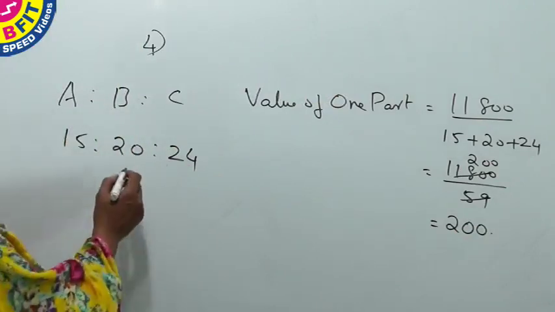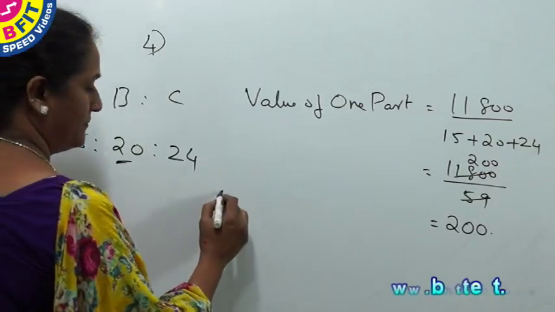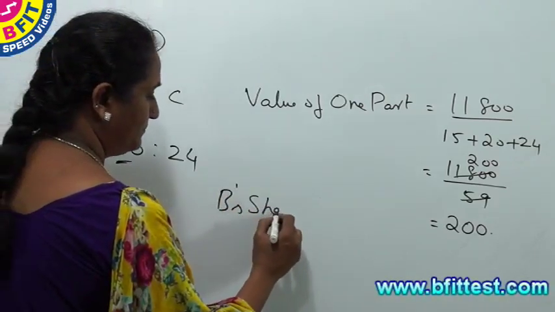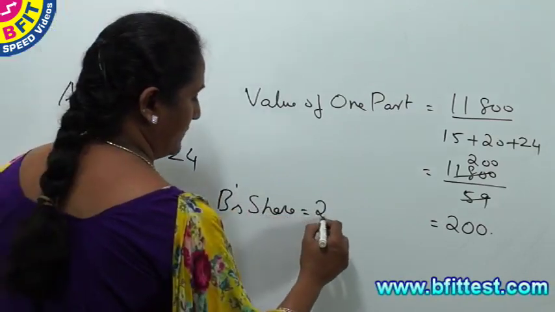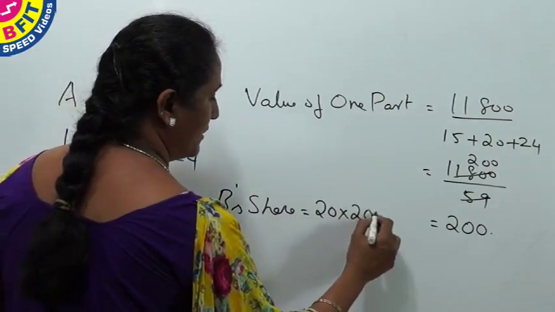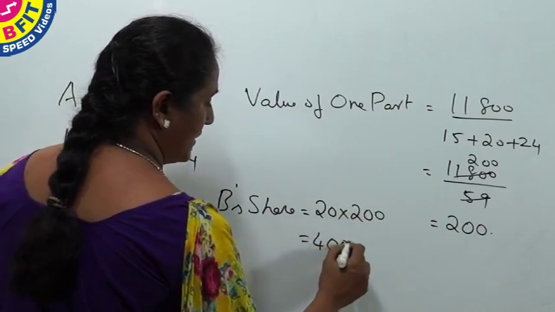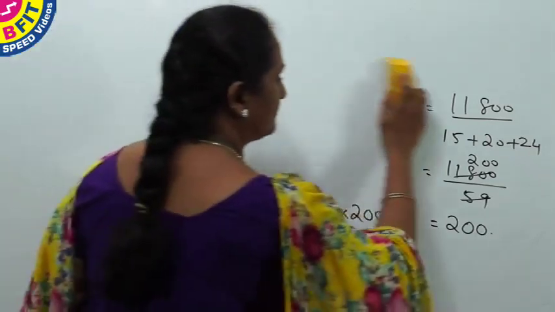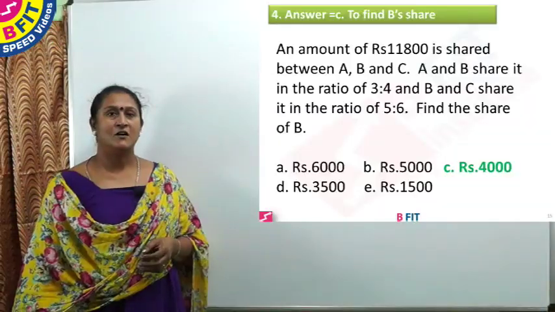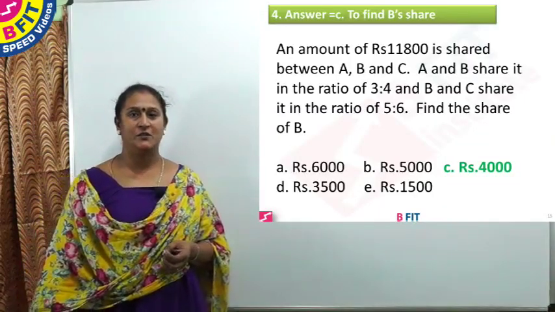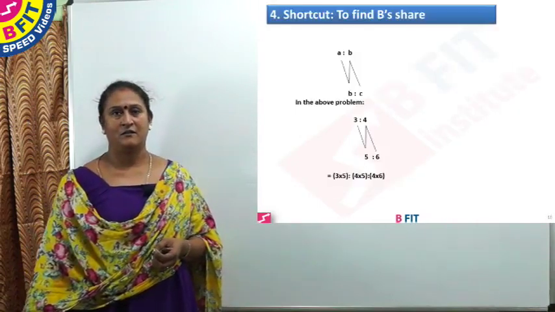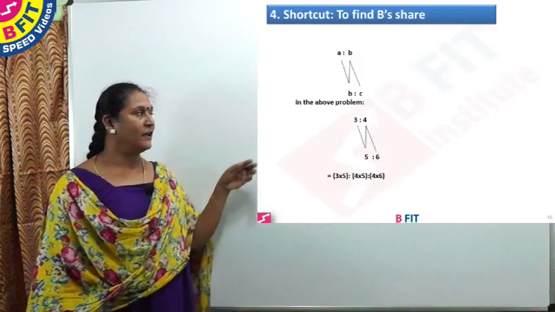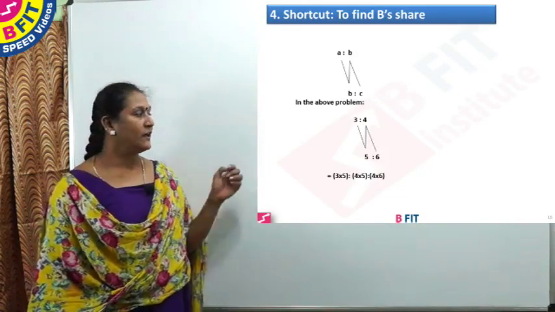We are asked to find B's share, which is 20 parts, so 20 into 200. The amount received by B is rupees 4,000. So the answer for question number 4 is option C, rupees 4,000. Just following this pattern, writing the ratios one below the other, we get a single ratio.